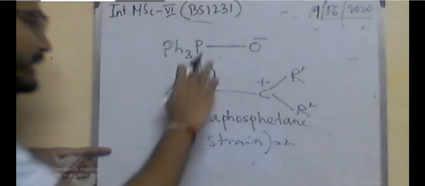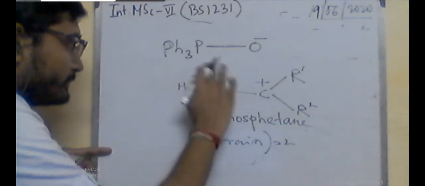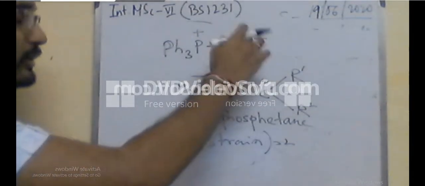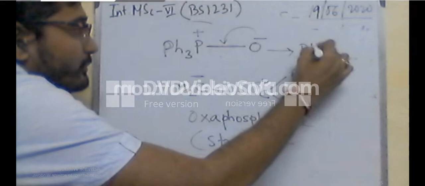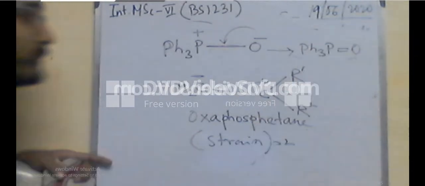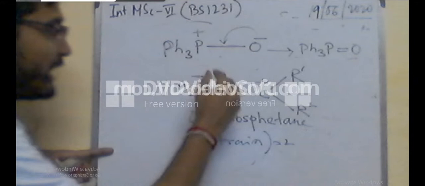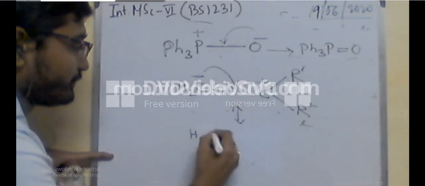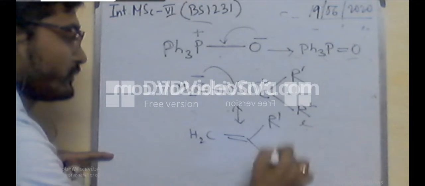So this is minus plus, and it is just like an ylide type of structure, but this is not a phosphoylide because here an electronegative oxygen is already present. So basically they will donate their electron and form this side product, and simultaneously there will be the formation of the carbon-carbon double bond. So this is the mechanistic pathway to form the C-C double bond from the C double bond O.